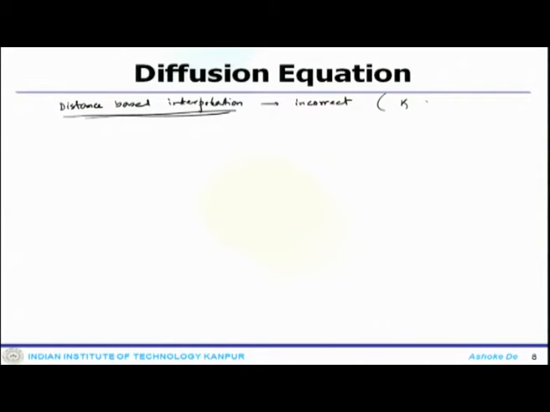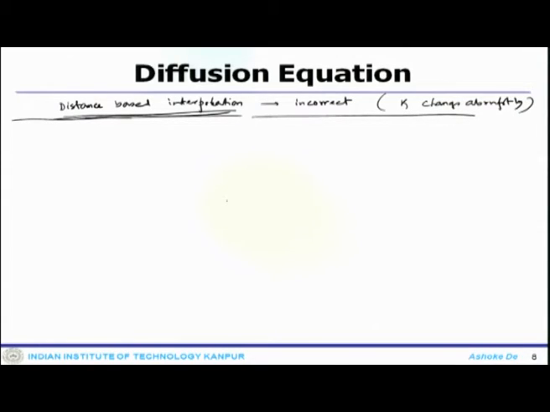If kappa changes abruptly, then this kind of distance based interpolation will have a problem. In that case you need an alternative approach, and sometimes people use a different interpolation instead of this arithmetic interpolation.